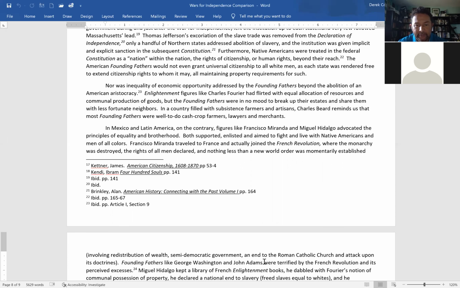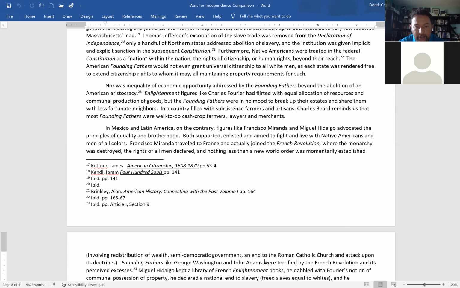Miguel Hidalgo, right, met his match on the battlefield and was eventually tried and executed. Father Morelos after him, same thing, was successful for a while with an army of mainly indigenous Native Americans, and declaring a democratic republic.